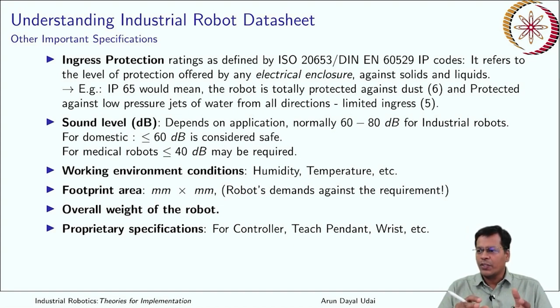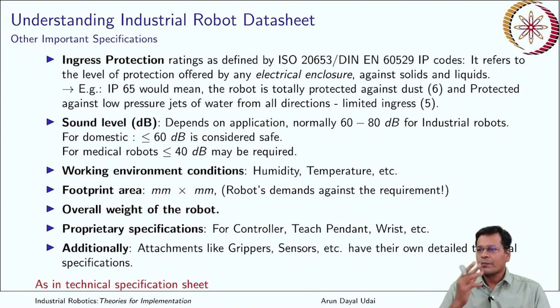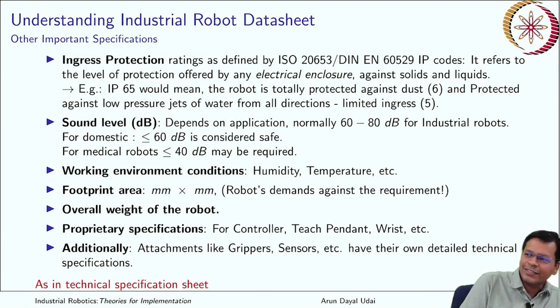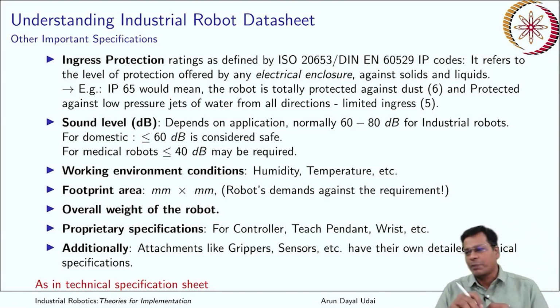So if you are going to mount this robot in a sea environment, you can ensure that your controller and teach pendant are safe. They are kept out of that environment. Got it? Additionally, attachments like grippers and sensors each have their own detailed technical specification, as in a technical data sheet.